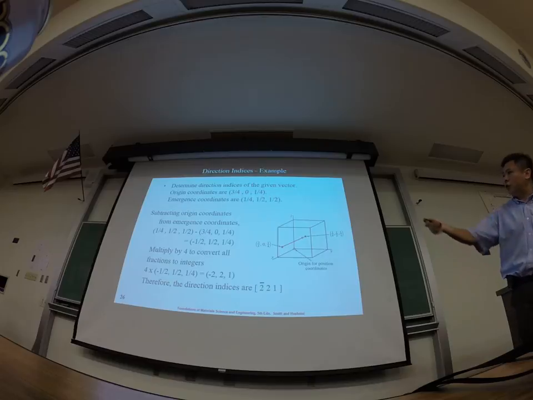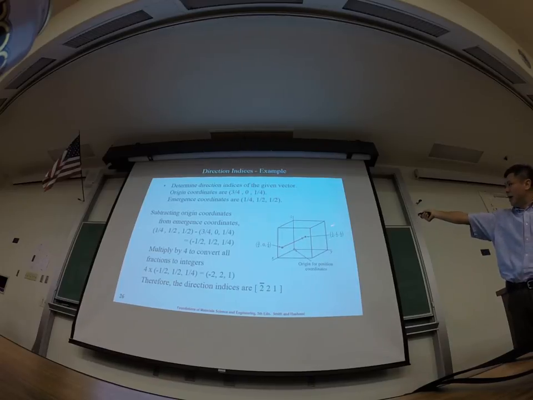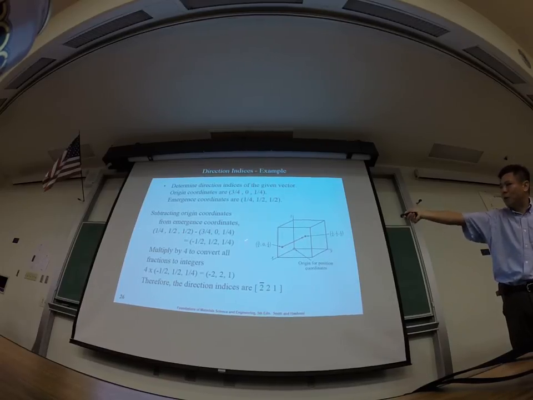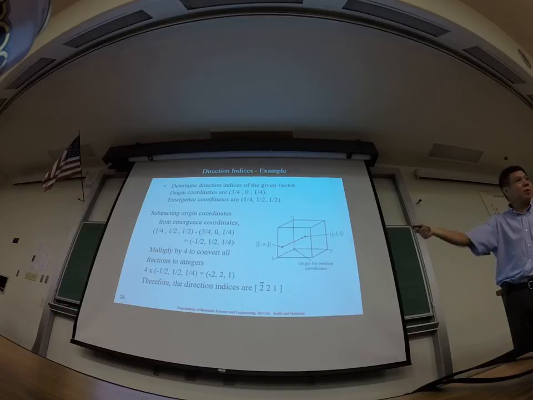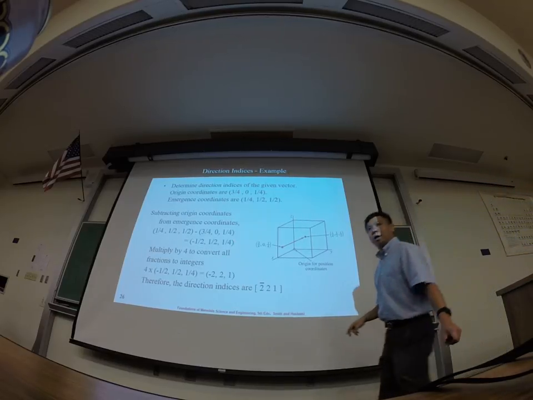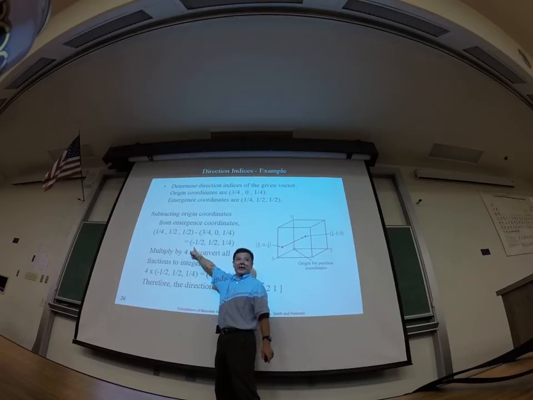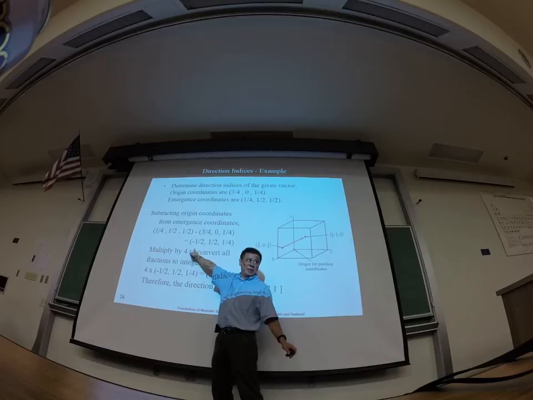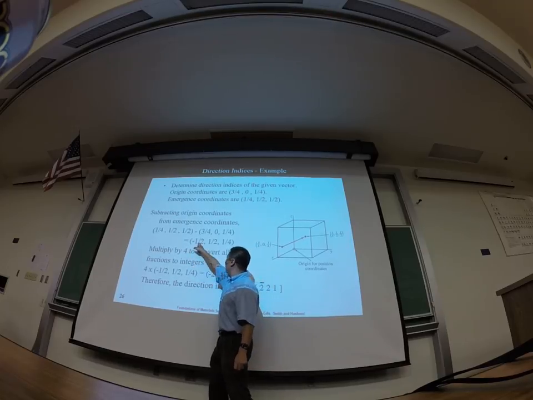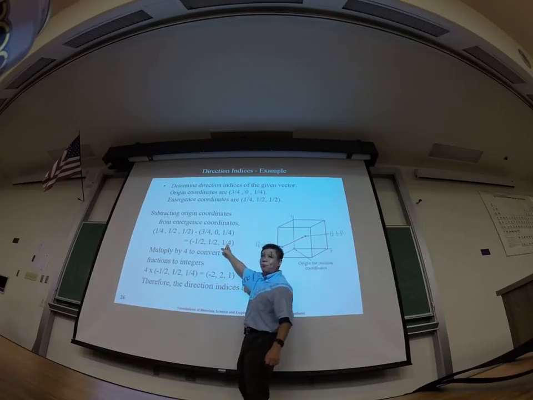Then what you need to do is subtract the starting point coordinates from the endpoint, and you get these numbers, right? But don't forget, here you get a negative number. This is the first time you see a negative number. Don't worry about the negative number. You get negative 1/2, 1/2, 1/4.